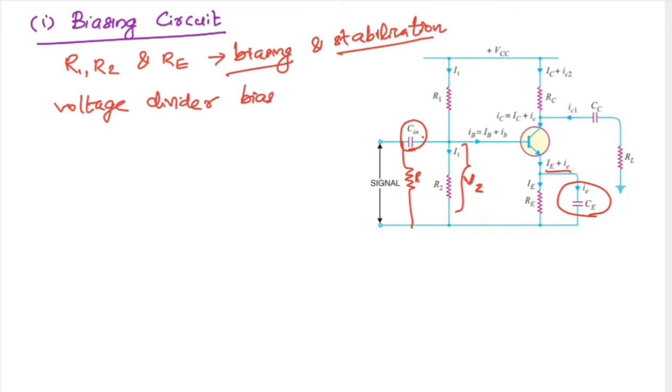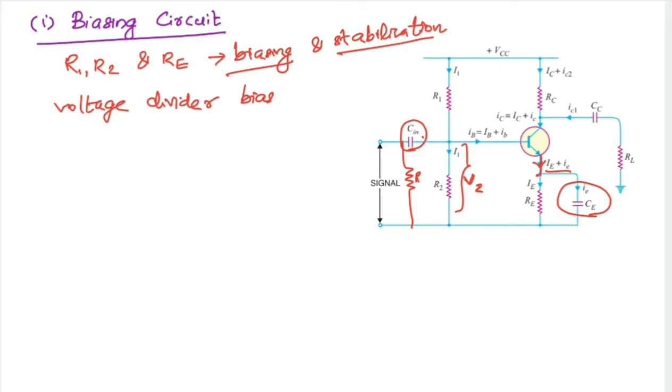Now what will happen? If there is an AC signal, you always remember that current will choose the low resistance path to flow. So when the AC current is reaching this junction, it will think which is the low resistance path. So it will see CE.